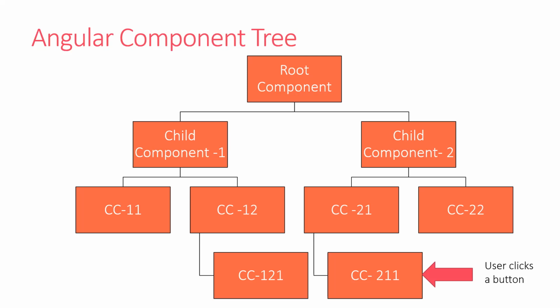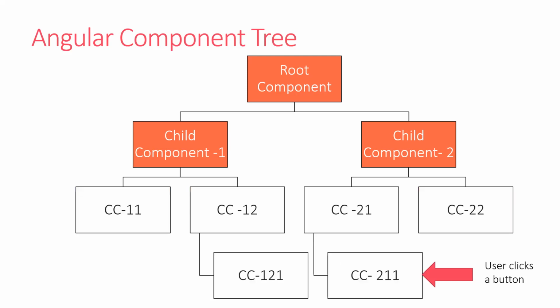Let's say there are 100 components in your Angular application and 100 change detectors run. But if you are able to manage that on a click only 50 change detectors run, of course, performance is better, right? Agree? And we are going to find out how.